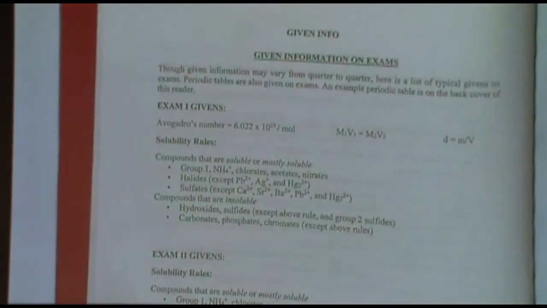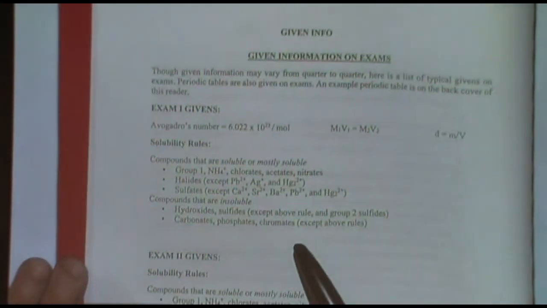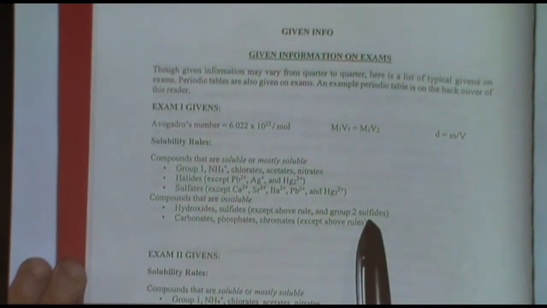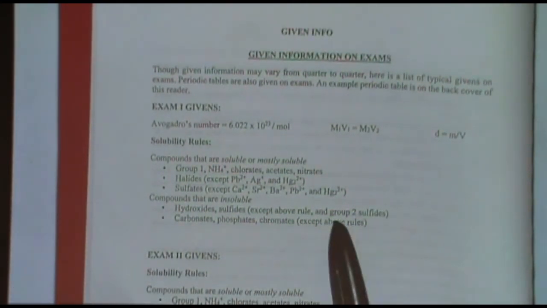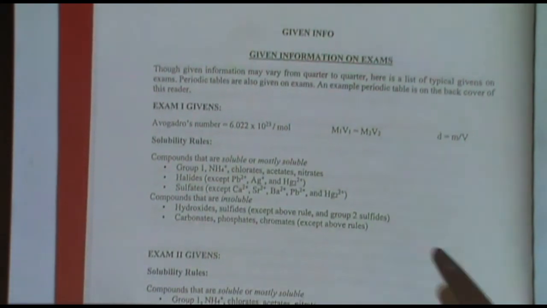Again, the problem with the solubility rules is they're just rules of thumb. They're general, so they may or may not be 100% right, but that's all you have. So, hydroxides except group 2, the group 2 actually goes with the hydroxides as well, so they would both be soluble.